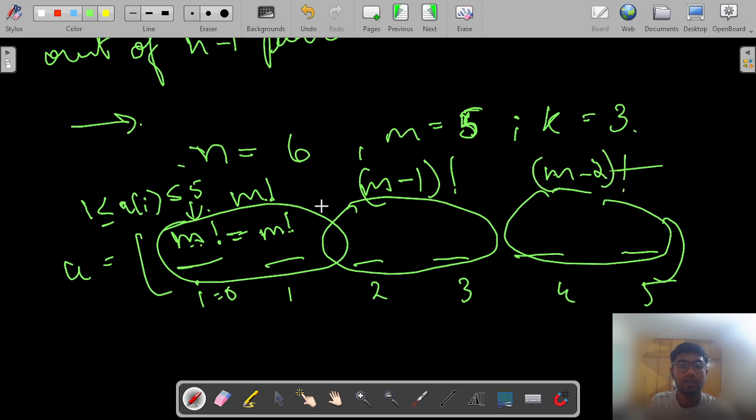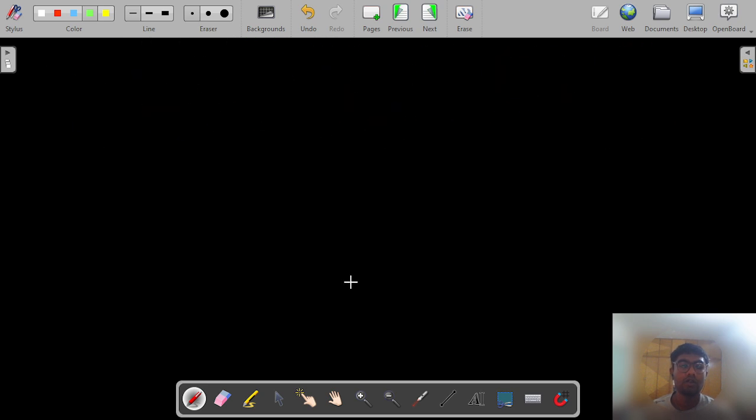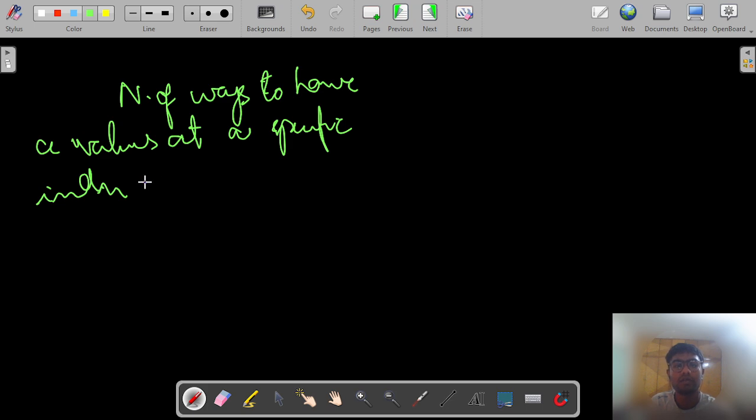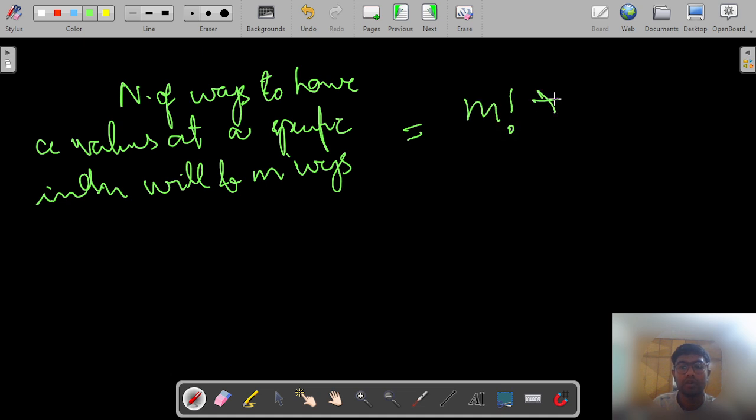So if we are considering it this way, our combination of n number of ways to have a value at a specific index will be m ways, and it will be m into (m minus 1) to the power n minus k minus 1.